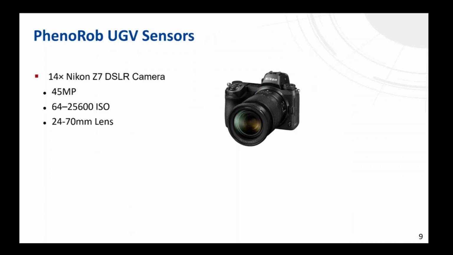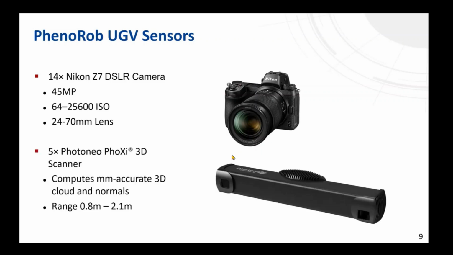And the sensors that we selected are these Nikon cameras. So these are 45 megapixel cameras, and these 3D scanners from Photoneo, which can measure the geometry with millimeter accuracy.